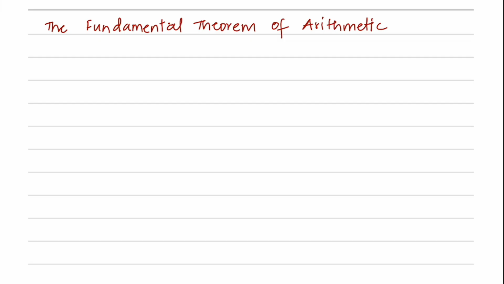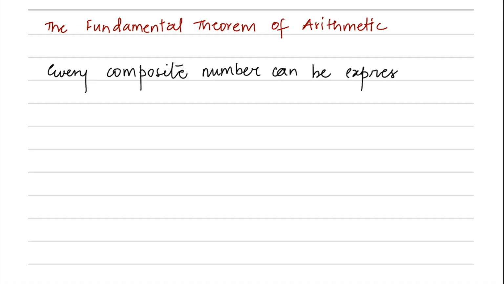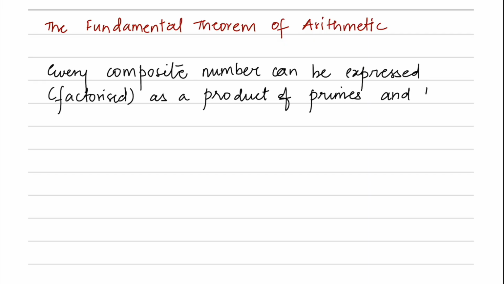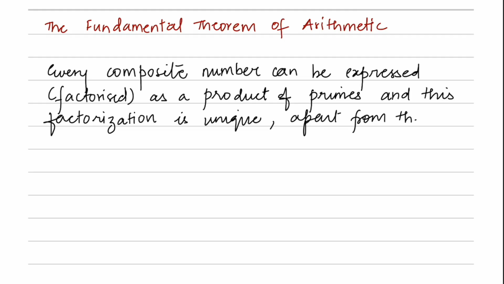The statement says: every composite number can be expressed or can be factorized as a product of primes, and this factorization is unique apart from the order in which the prime factors occur.